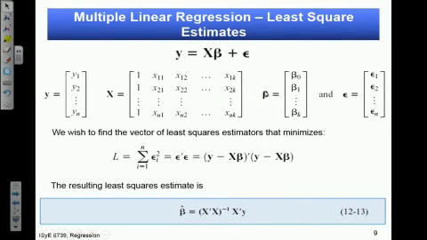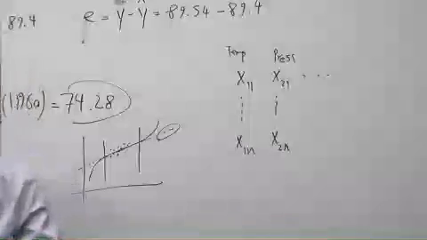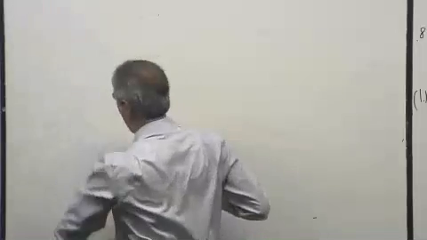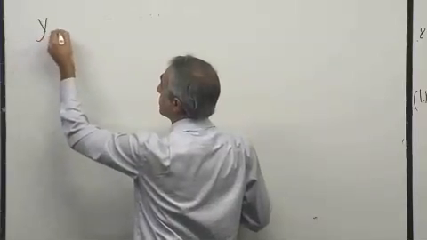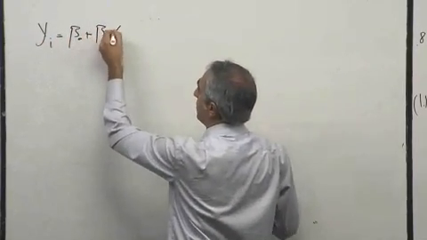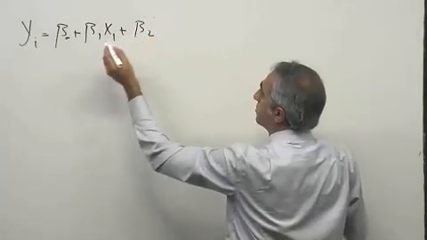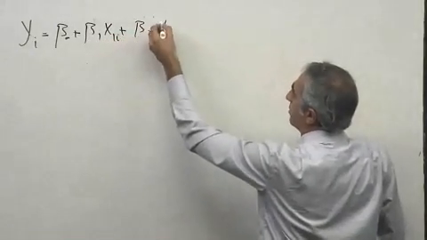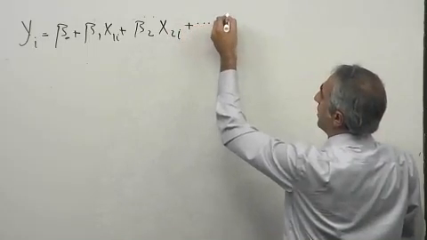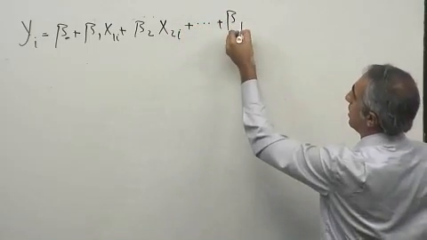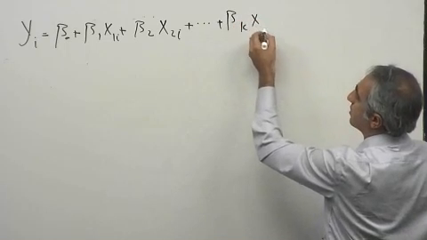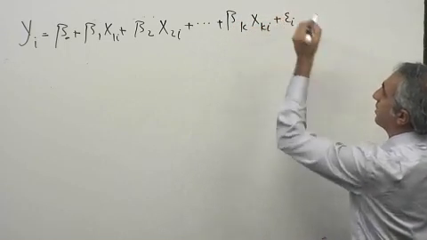You have your beta, which is the vector of coefficients, because the line that you want to estimate now in multiple regression is this guy: beta 0 plus beta 1 x1i plus beta 2 x2i, up to beta k xki, plus epsilon i.